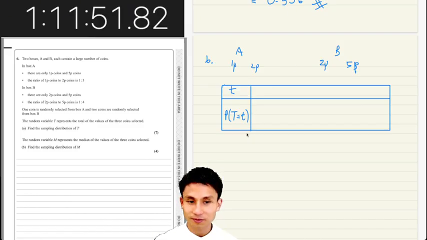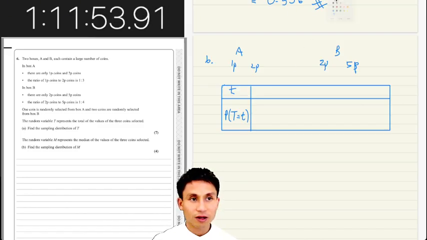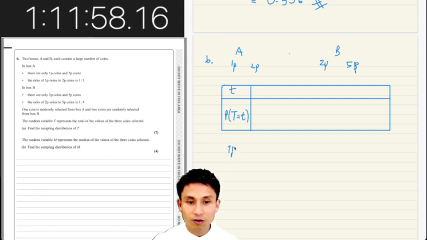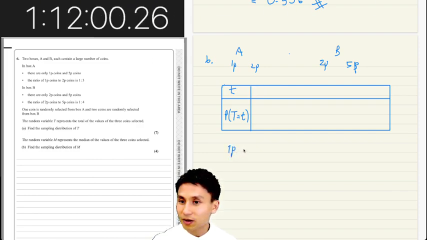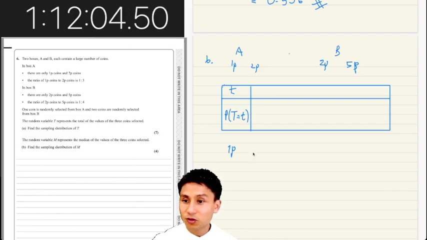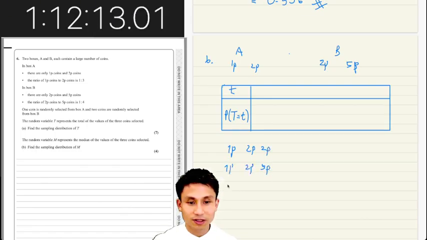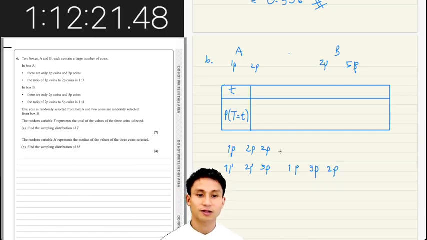Okay, what are the cases? So first coin being 1 pence. Hang on, just 1 from A and 2 from B. So 1 pence, 2 pence, 2 pence; 1 pence, 2 pence, 5 pence; and this can also be 1 pence, 5 pence, 2 pence, right?